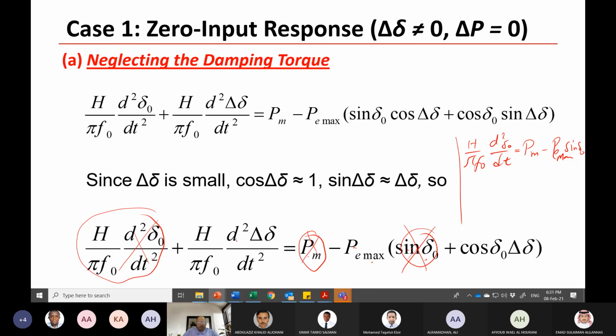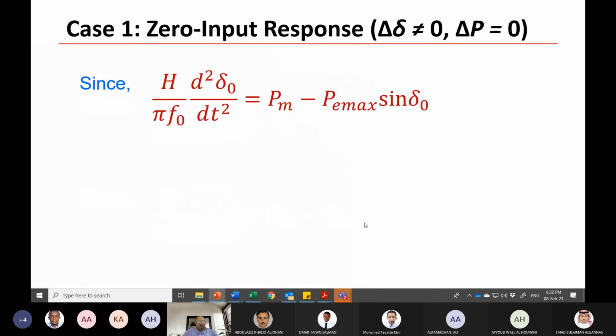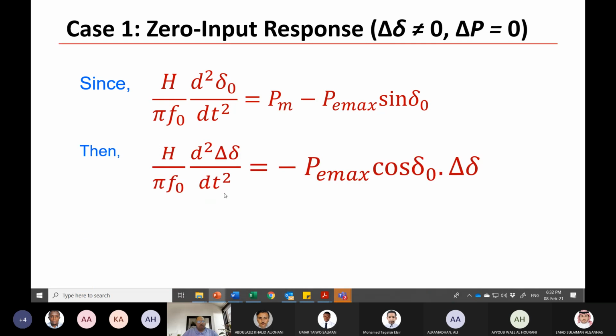So we end up with d square delta delta over dt square equal to minus B max cosine delta 0 delta delta. So we end up with this equation now.